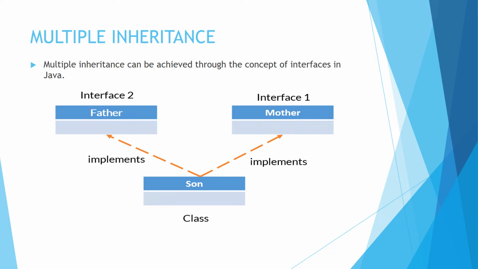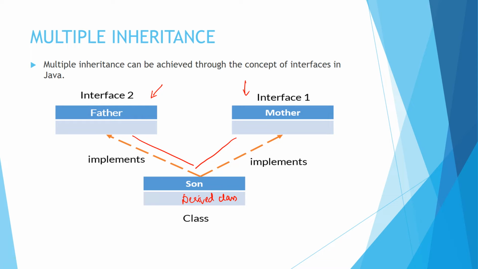So multiple inheritance. What is multiple inheritance now? If you have two base classes which derive one derived class, it is called as multiple inheritance. In other words, when one derived class is inherited from two base classes, it is called as multiple inheritance.